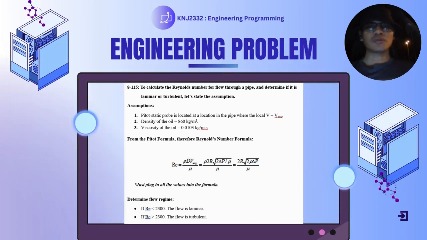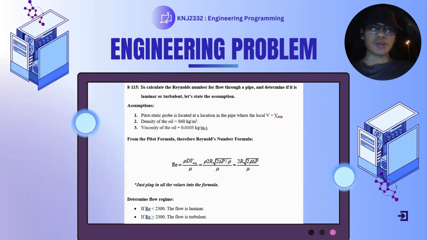To solve the second question, which is to calculate the Reynolds number and determine if the flow is laminar or turbulent, the assumptions are the same as above: the pitot static probe is located where the local velocity is equal to the average velocity, the density of oil is 860, and the viscosity is 0.0103.